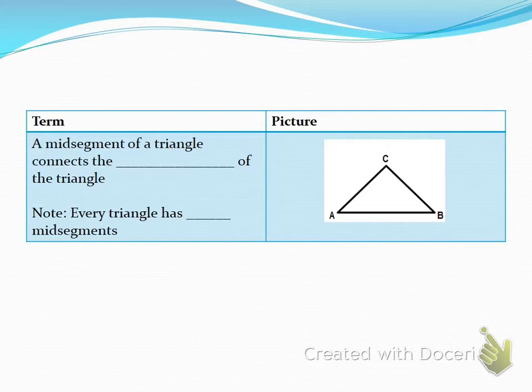A midsegment of a triangle connects the midpoints of the triangle. It's kind of self-explanatory. The midsegment is a segment that connects midpoints. Every triangle has 3 midsegments.